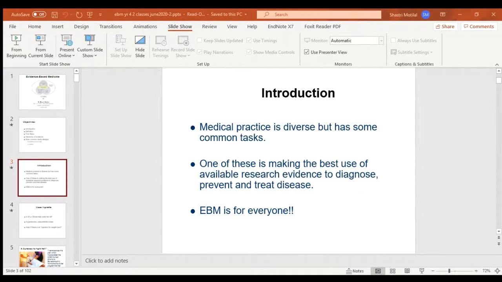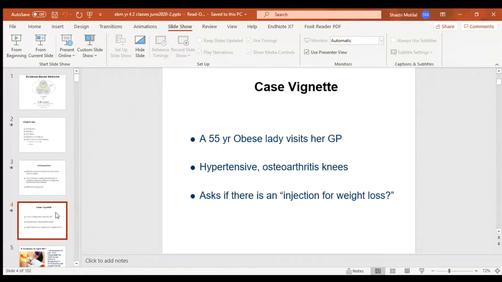Okay, so I've seen some people saying the slide didn't switch. You're hearing me speak, but the slide is not advancing. Is that it? Yeah? All right. Did you also see the case vignette? For some strange reason, the slide is not switching. Let me see if I can fix this. How about this?